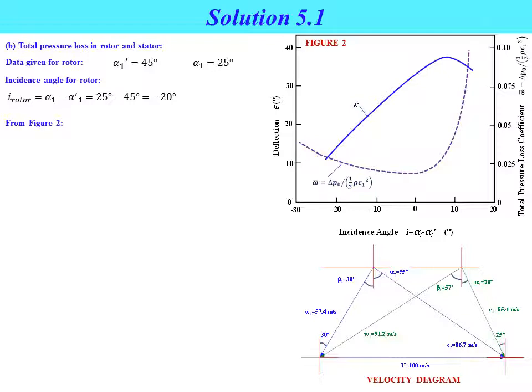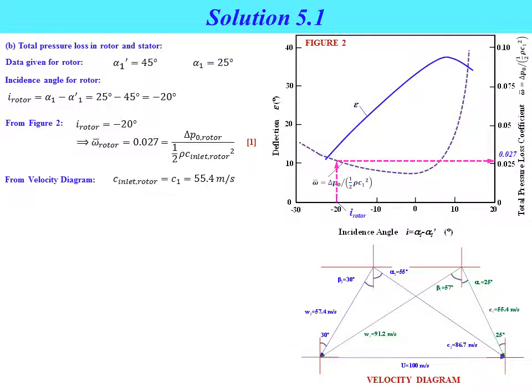By referring to the figure and using the value that we obtained for I rotor, we can determine the value of omega bar, the total pressure loss coefficient, where the omega bar for the rotor equal to 0.027, which also equals delta P naught for the rotor divided by half C inlet rotor square, as shown by equation number 1.